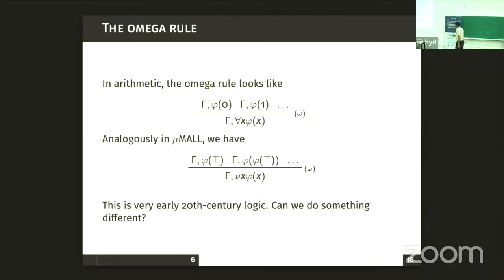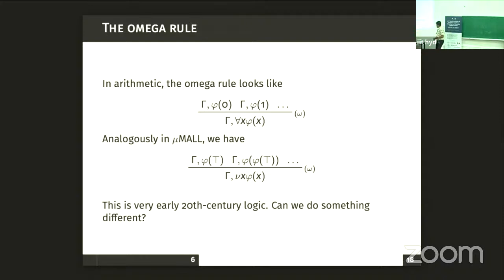Analogously, in mu-MAL, you're saying that phi is true for top, and so on, basically computing the fixed point iteration forever, not from the bottom but from the top. Because you're computing the greatest fixed point, you have this big set of everything which is possible, and then you're constraining it so that you get the greatest fixed point. And this is what this rule tells you.